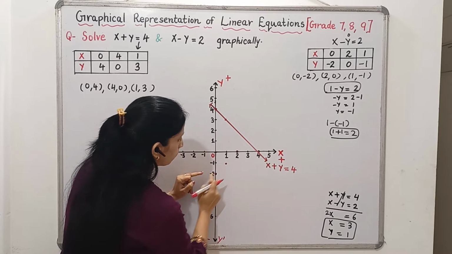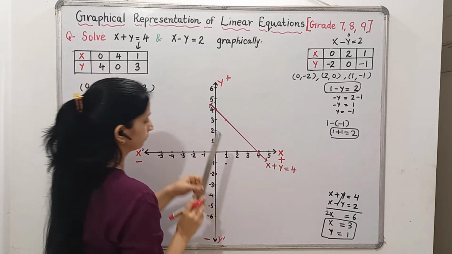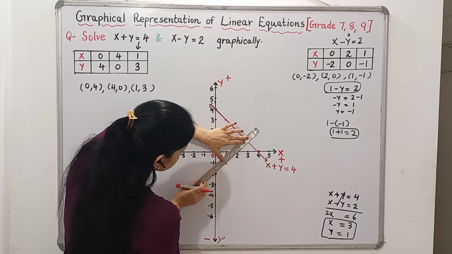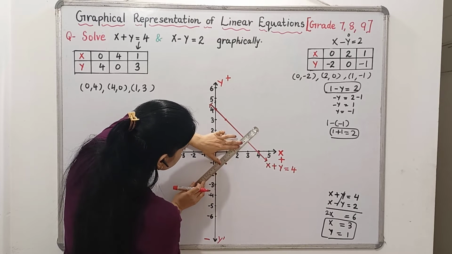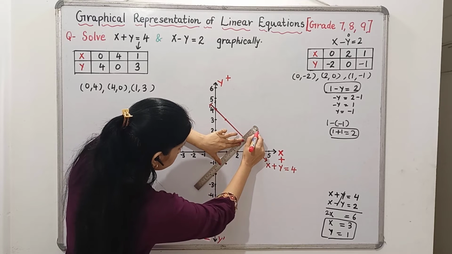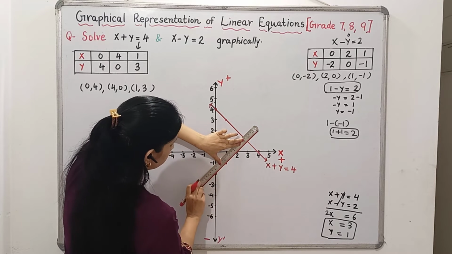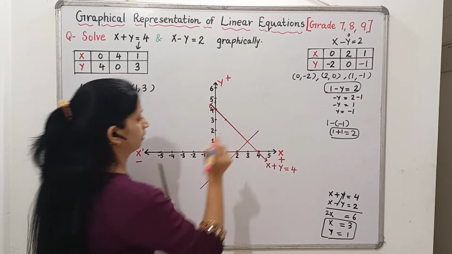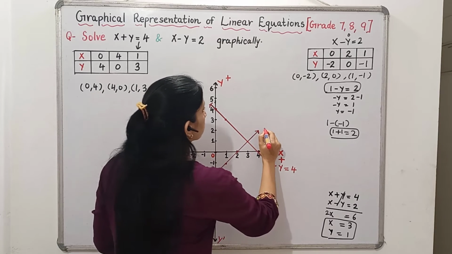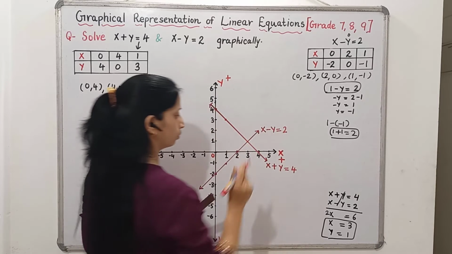This means these are the 3 points which we need to join. So let's join and extend this line. If we join these 3 points, see, now this is the line for the other equation, that is x minus y is equal to 2.